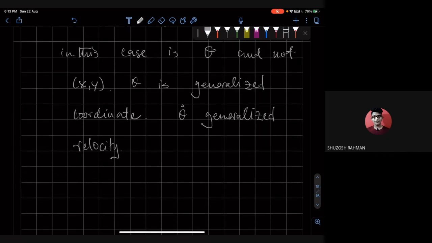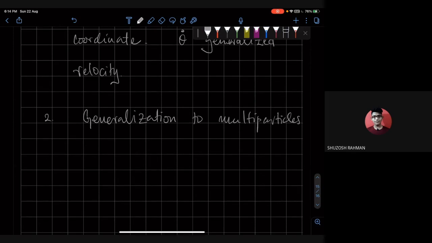Okay, so number 2 is that the generalization to multiple particles is immediate. Suppose you have n particles. Let's say you have n degrees of freedom. Let's not even call them particles.